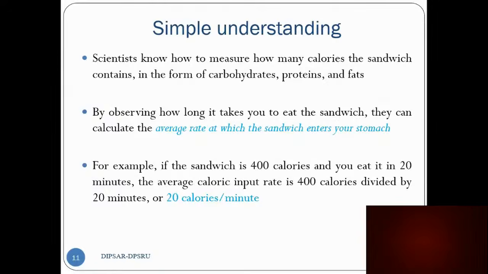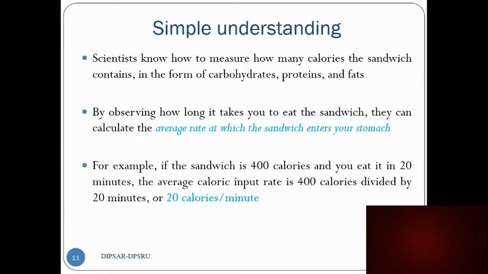By observing how you eat the sandwich, you can calculate the average rate at which the sandwich enters your stomach. For example, if the sandwich is 400 calories and you eat it in 20 minutes, the input rate is 400 calories divided by 20 minutes, so it's 20 calories per minute.